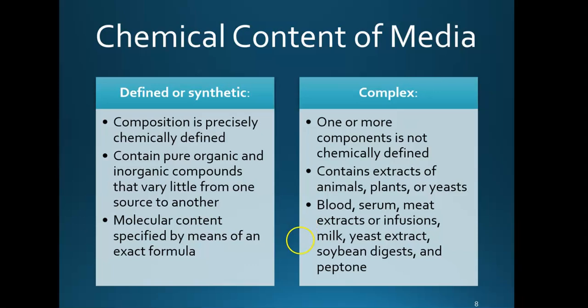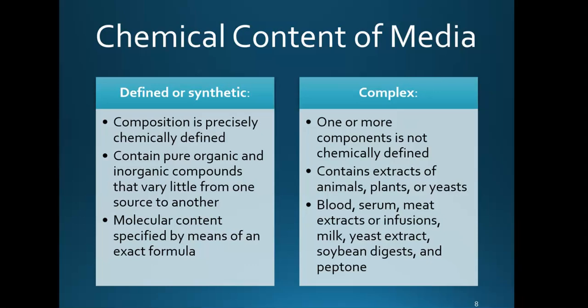So we have examples of ingredients that we might find in a complex media as that being products from plants or yeast or animal. In lab, a lot of times we use what are called blood agar plates. So blood has been introduced into the media. A lot of times it's horse blood or rabbit blood. And we consider this to be a complex media because every blood sample does not necessarily have the exact same chemistry.